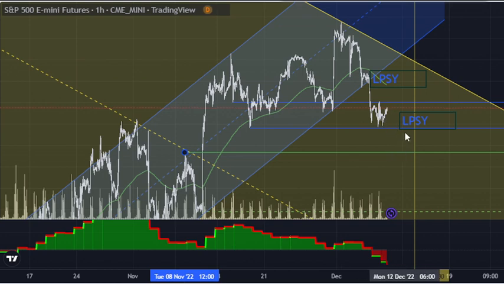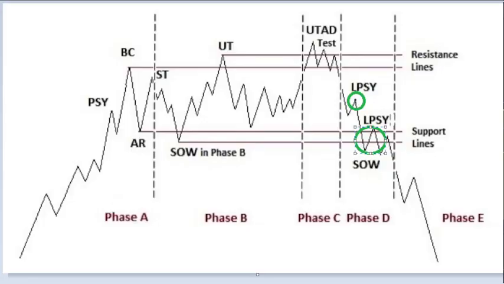It'll have a slight reaction before coming back down. Now that reaction, also if we look here, I have not been showing you the circled areas, sorry.